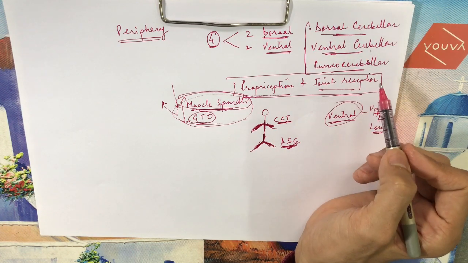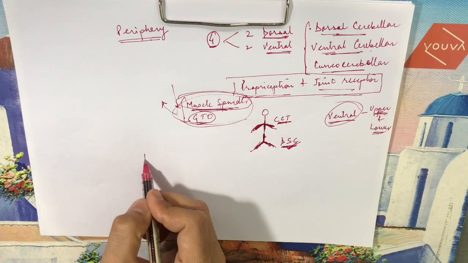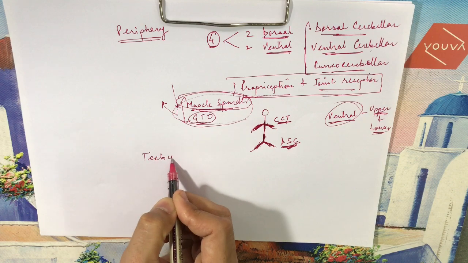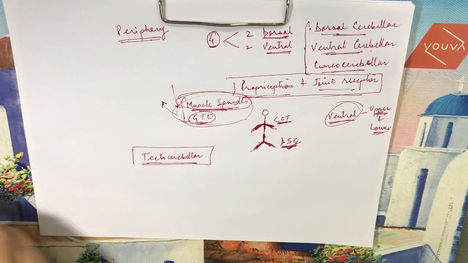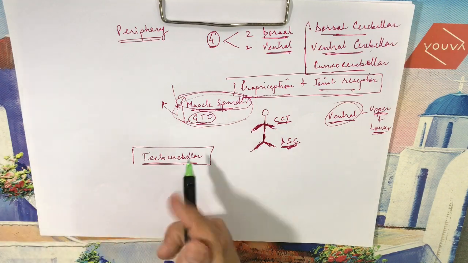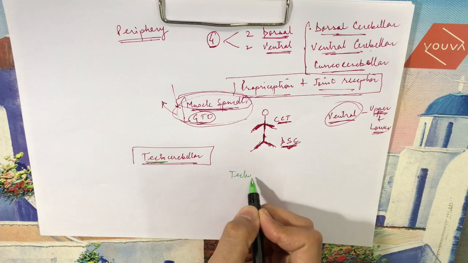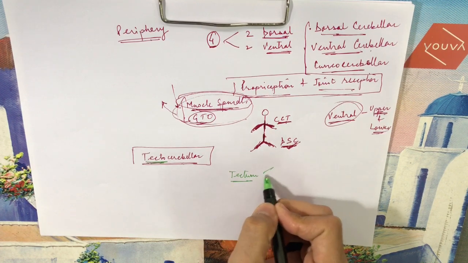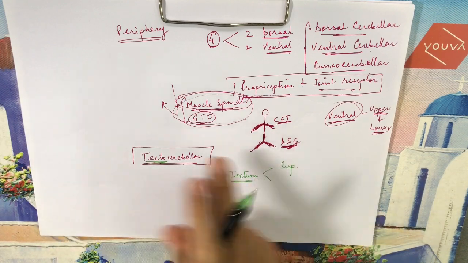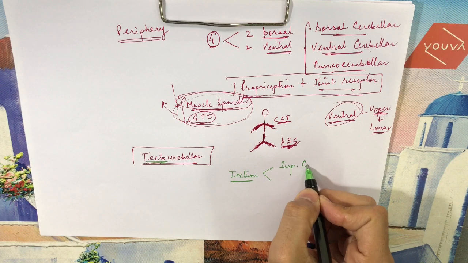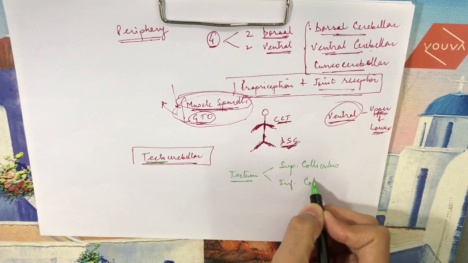Okay. So, there are a few others, and among them the important one is the tectocerebellar tract. Now, what does this tectocerebellar tract do? The tectum part in the brainstem has two important structures with respect to this tract: the superior colliculus and inferior colliculus.